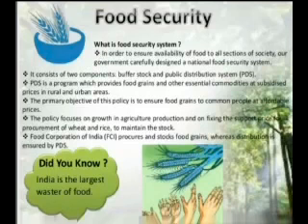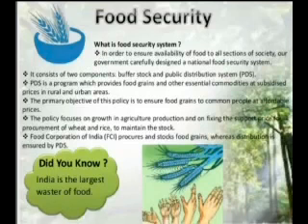PDS is a program which provides food grains and other essential commodities at subsidized prices in rural and urban areas. The primary objective of this policy is to ensure food grains to common people at affordable prices.